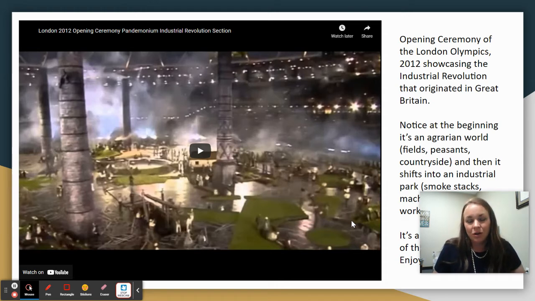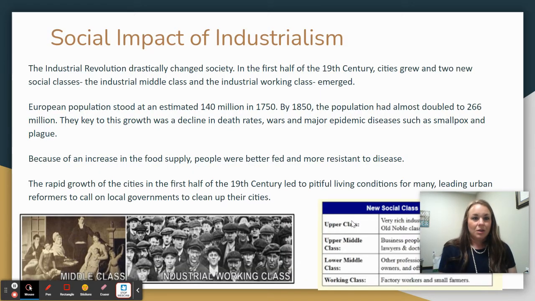It showed, obviously, the indigenous side of things, and then it showed when the Portuguese landed and began colonization, and then the African slave trade, and then how all of that has blended into this, of course, highly unique culture of Brazil. So again, this is cool because it shows that agrarian world at the beginning shifting into industrialism.